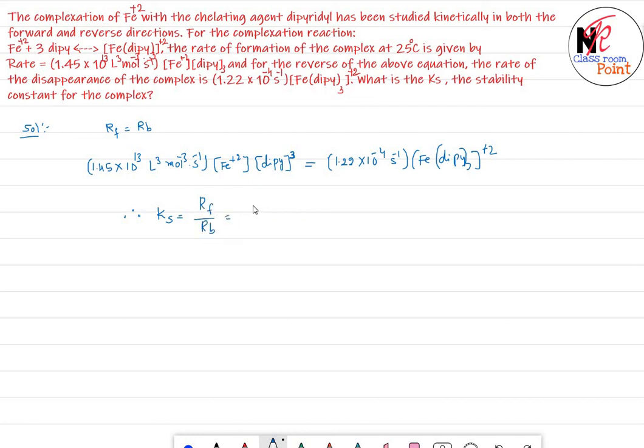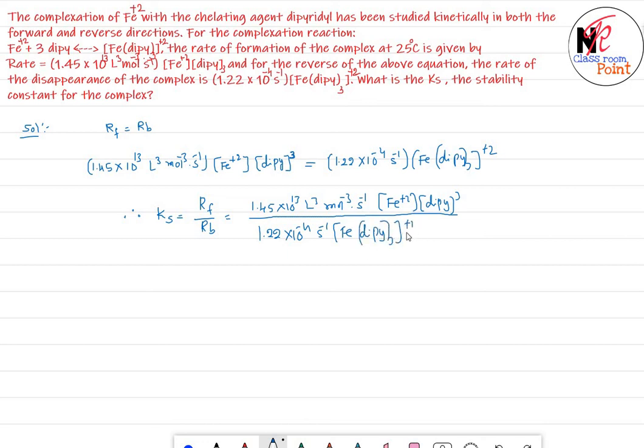So now let's take both of these: 1.45 × 10^13 L^3 mol^-3 per second times [Fe2+][dipyridyl]^3, divided by 1.22 × 10^-4 per second times [Fe(dipyridyl)3]2+.